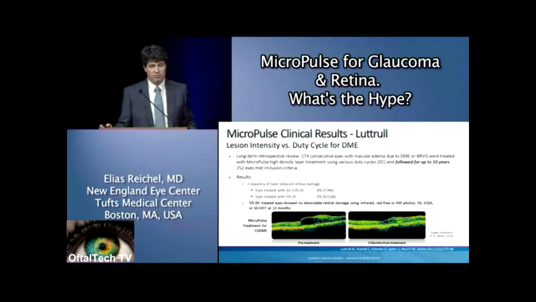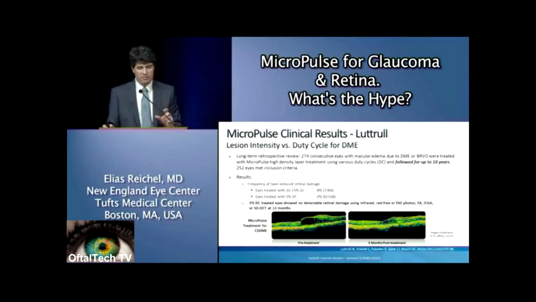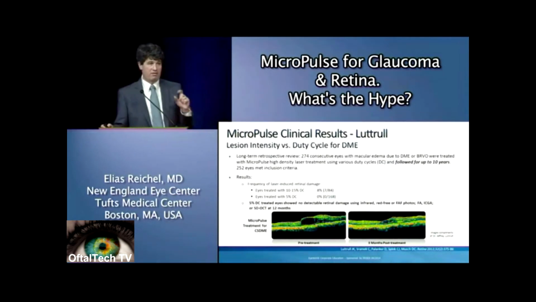So Jeff Luttrell's work, this is from his paper. You can see that starting from the bottom of the slide, a patient was treated with micropulsing, and you can see resolution of macular edema. What's interesting about this work is that he looked at the duty cycle, and if you altered the duty cycle, it does affect your ability to have a successful result, meaning that 5% duty cycle, remember that, 5% is good.